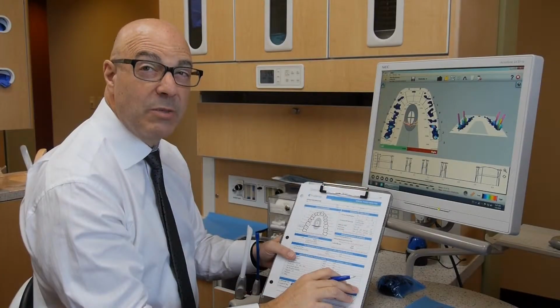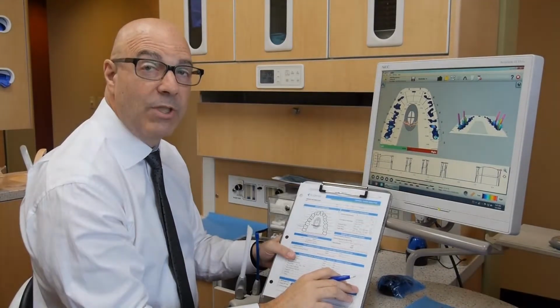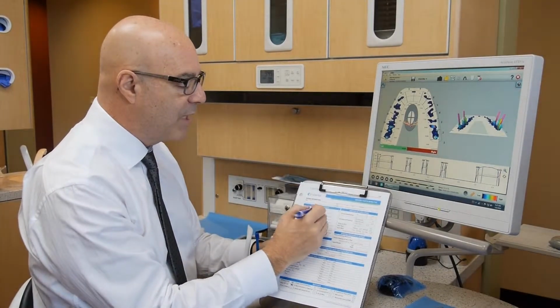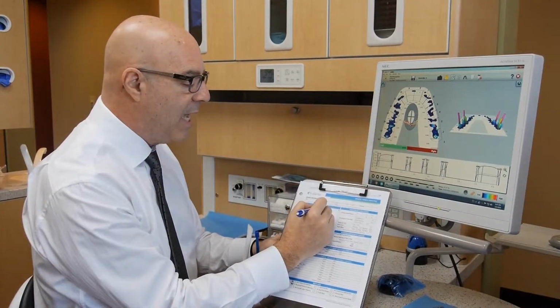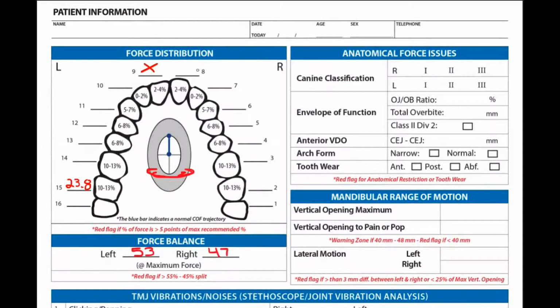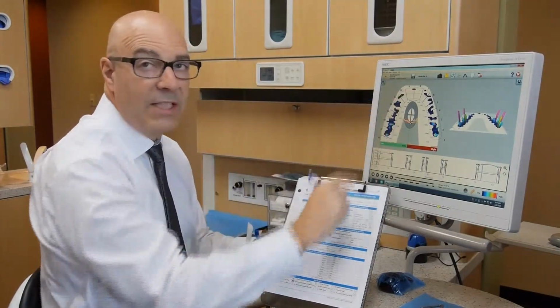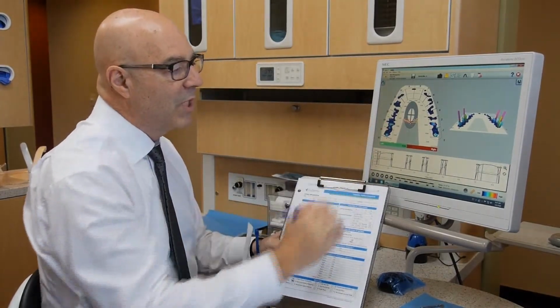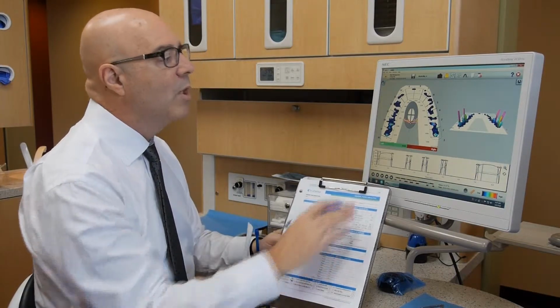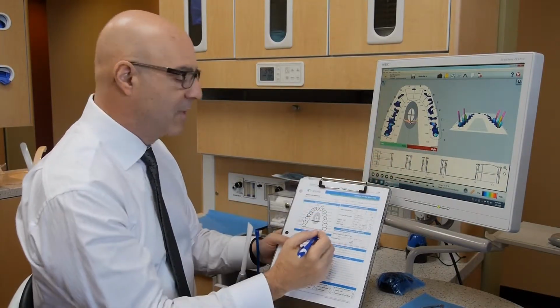I would normally expect to see some force on the central incisors, and in this particular case, I'm just going to put an X on the central incisors to know that they have too little force. So my force distribution onto the front teeth is less than normal, and my force distribution in the posterior is greater than normal. We'll do the same thing for the other side.